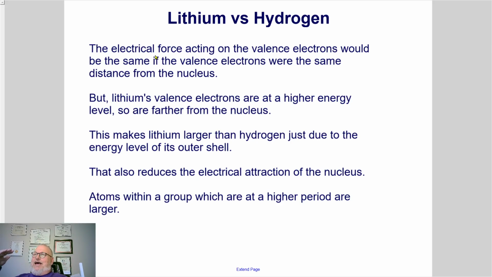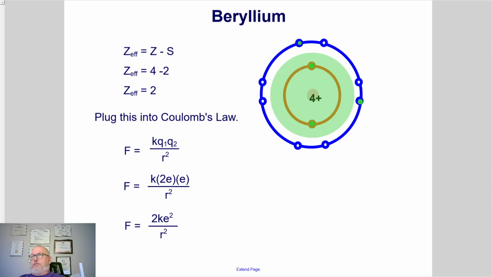Lithium has a higher energy level, so they're further away. This reduces the electrical attraction of the nucleus on those valence electrons. So atoms that go down a group, getting into a higher period, are larger than the ones in a smaller period.